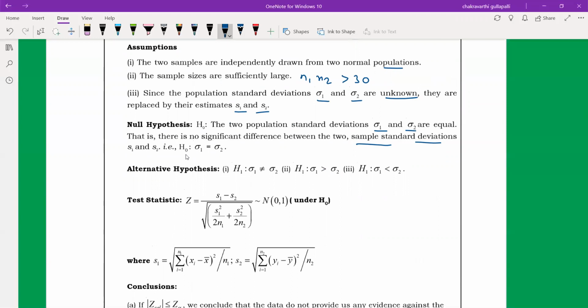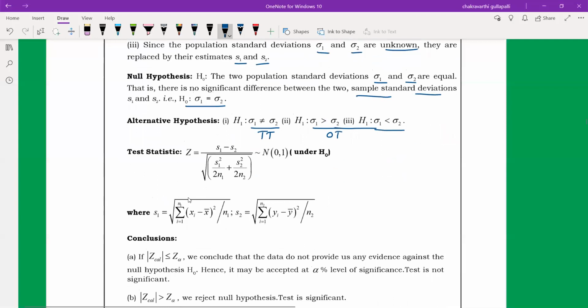H0: sigma 1 is equal to sigma 2. Alternative hypothesis H1: sigma 1 not equal to sigma 2, sigma 1 greater than sigma 2, or sigma 1 less than sigma 2. There are three alternative hypotheses. The first one is a two-tail test, and the second and third are one-tail tests.